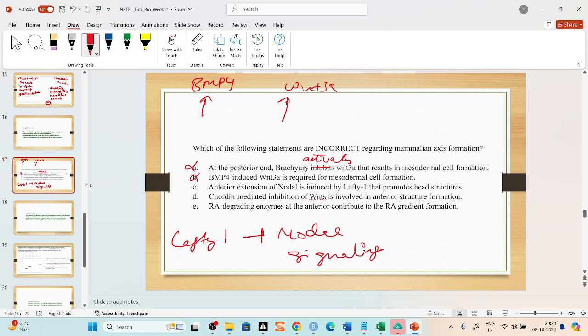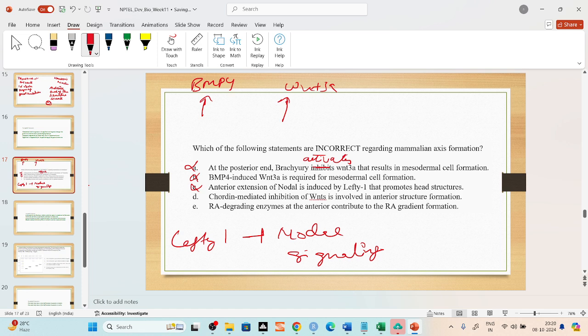So from this we can conclude that lefty one inhibits nodal signaling rather than inducing it, and this is essential to limit the nodal activity to the posterior end. Okay, so therefore this is an incorrect statement. I won't give you more details because then it will go out of your head. Okay, fine.